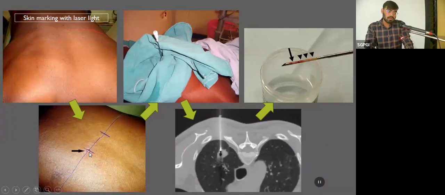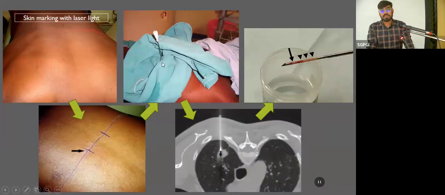Now the area is cleaned and draped, and we will infiltrate the local anesthesia here, and we will use the biopsy needle as a marker to see whether we are in the right position or wrong.